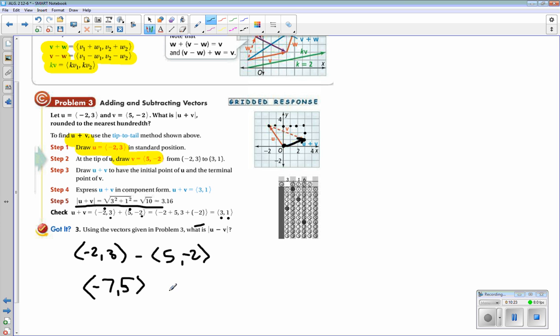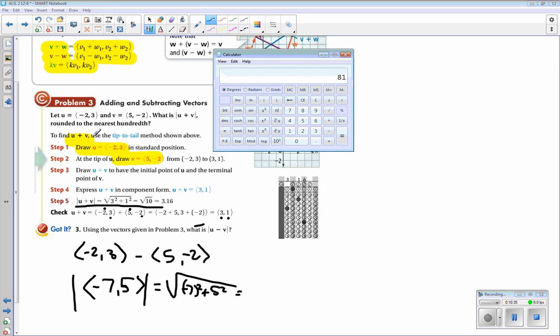So the magnitude of that is the square root of negative 7 squared plus 5 squared. Calculate that in the calculator and we can get a nice approximation. Negative 7 squared is 49 plus 5 squared is 25. You add those together, it's 74, and you take the square root and get approximately 8.6.